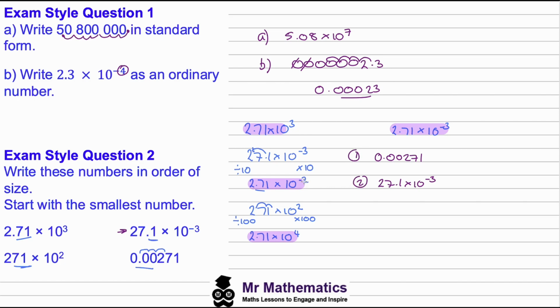And then we've got the power of 3 here, which is this one. 2.71 times 10 to the 3. And then we've got the biggest one, which is this power of 4, which is this one. So 271 times 10 squared. Okay.